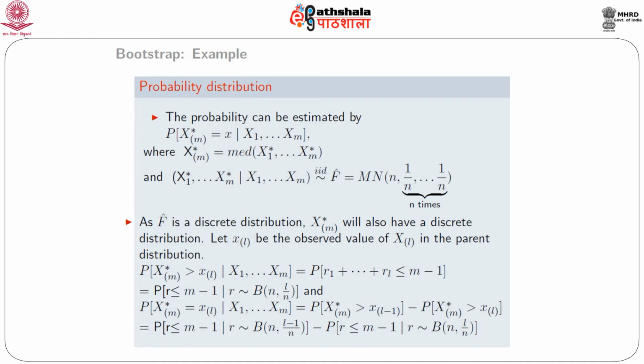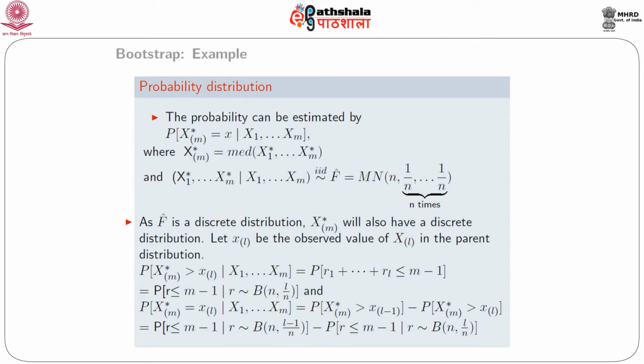So, the probability of xm star equal to xl given x1 to xn ordered is the probability of the order statistic xm star greater than xl minus 1, minus the probability of xm star greater than xl. So, one is for greater than l and one is for greater than l minus 1. So, we are left with equal to xl.